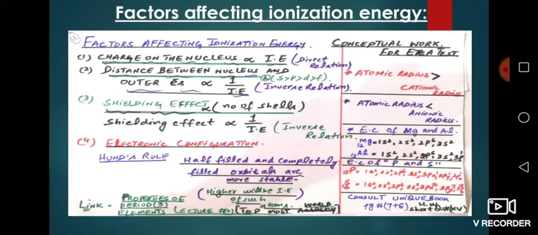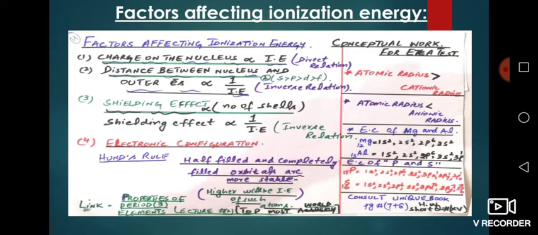As the number of shells between the nucleus and the outermost shell increases, it acts like a shield, and the pull of the nucleus on the outermost shell electron will decrease, so the removal of electrons from the outermost shell will be easier and less energy will be required for the removal of that electron. So as the shielding effect increases, the ionization energy decreases. There is an inverse relation between shielding effect and ionization energy.